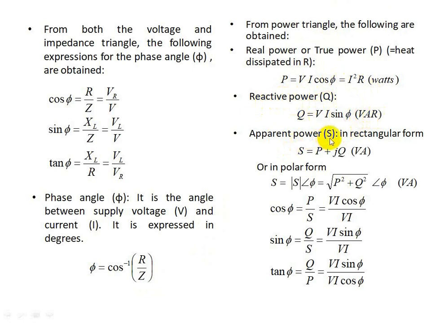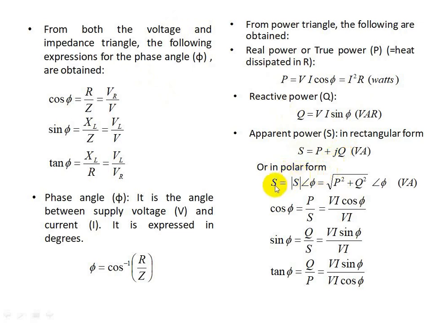Apparent power is denoted by S. In rectangular form, we can write it as the vector addition of real power plus reactive power. So the apparent power S can be written as P plus jQ. P is the horizontal component and Q is the vertical component.